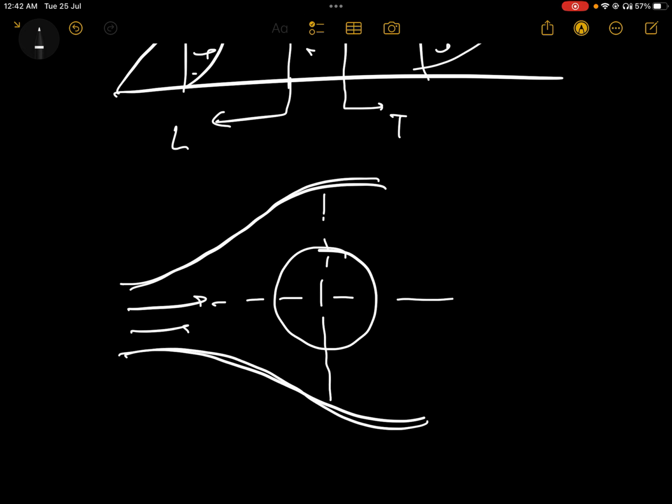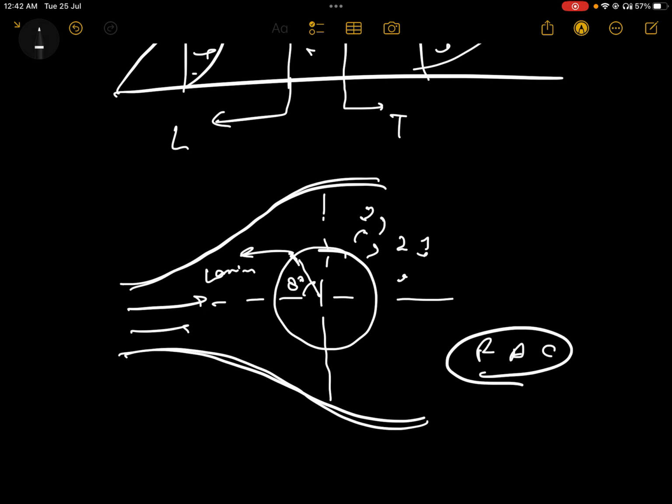Experimentally it is observed that till an 80-degree angle the flow remains laminar, and after that it becomes transition, then finally becomes turbulent. This is the flow across a cylinder.